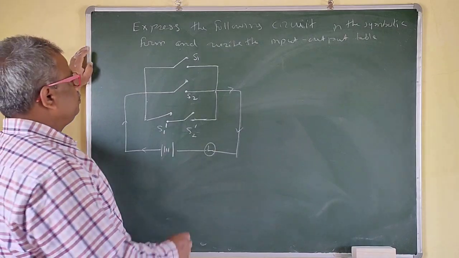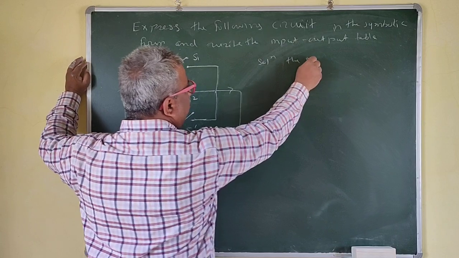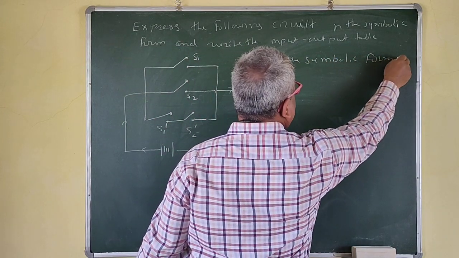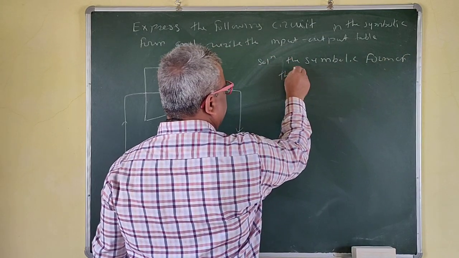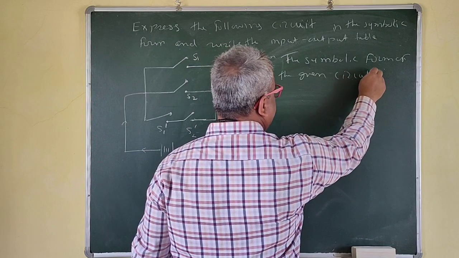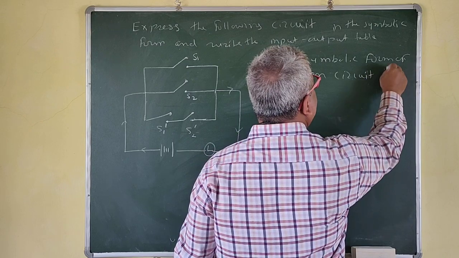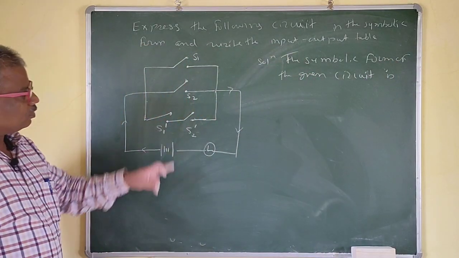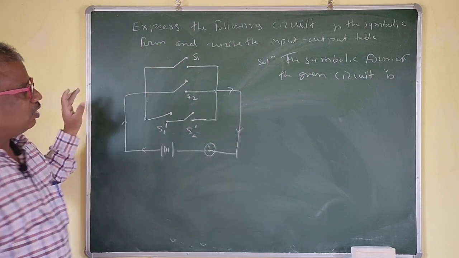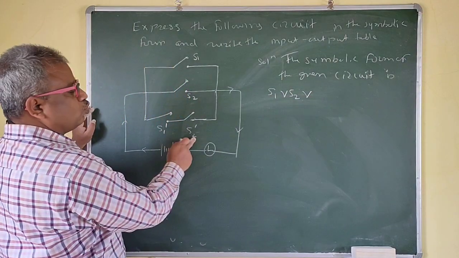Okay, solution. The symbolic form of the given circuit is, now see, all these three are parallel. This is parallel to this one. So S1 is parallel to S2, each parallel to, now these two are in series.